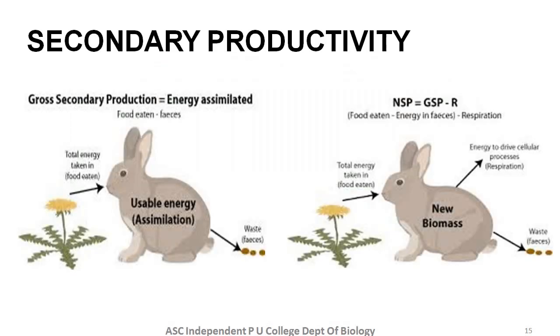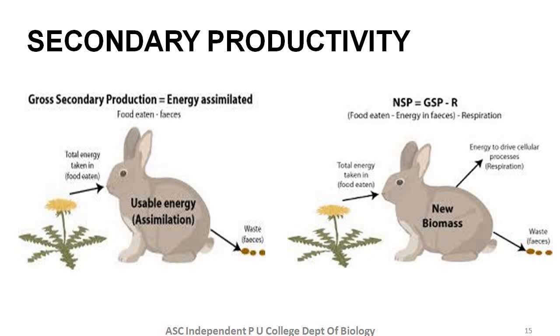Secondary productivity. Secondary productivity can be defined as the rate of formation of new organic matter by consumers. If we recall, students, when we use the term primary productivity, I said that there is formation of organic matter by producers. If it is formation of organic matter with respect to consumers, then it is secondary productivity.